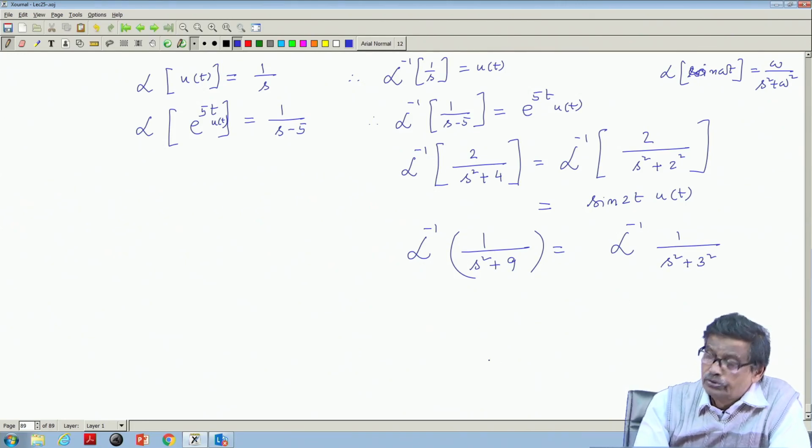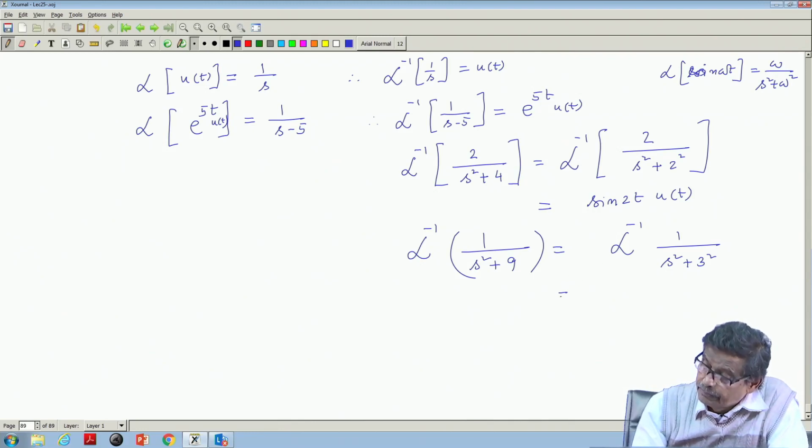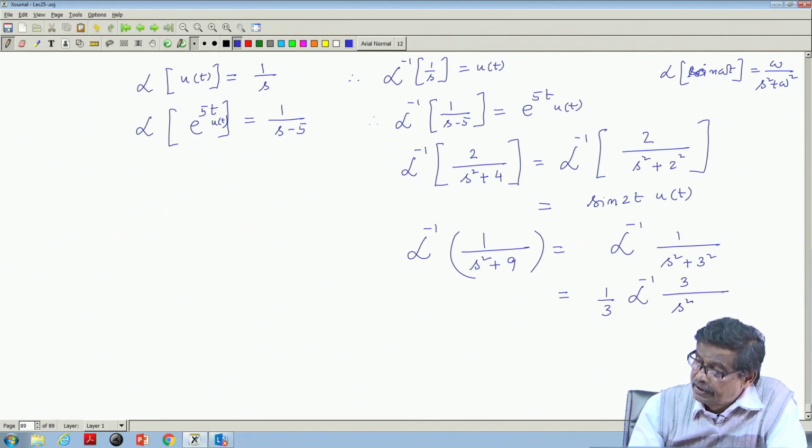But you see there is no 3 here. So, what you have to do is multiply with a constant 1/3 and say Laplace inverse of 3 by s square plus 3 square.